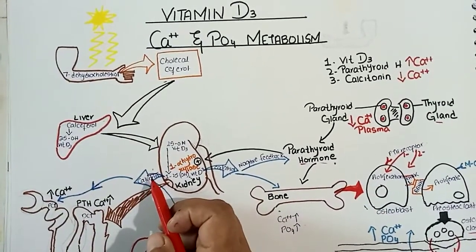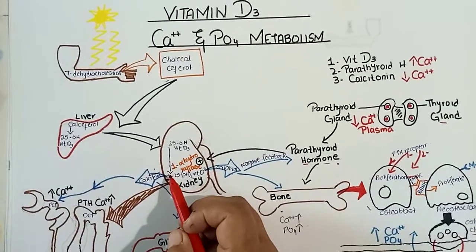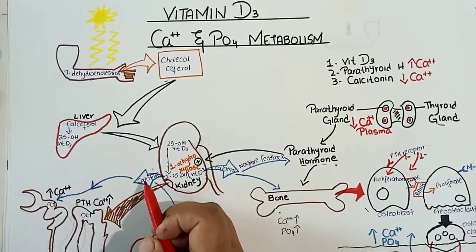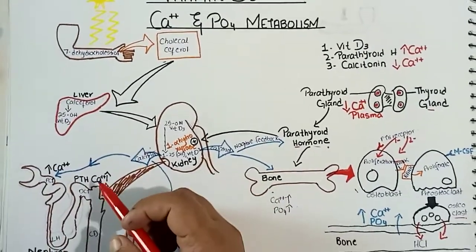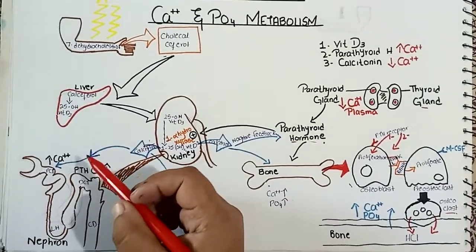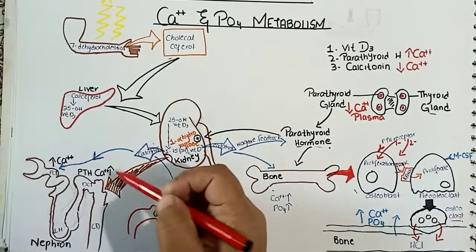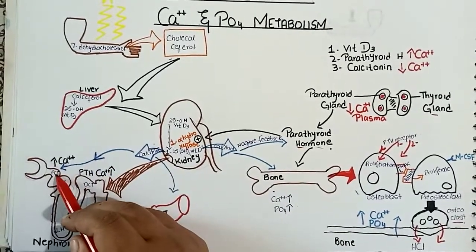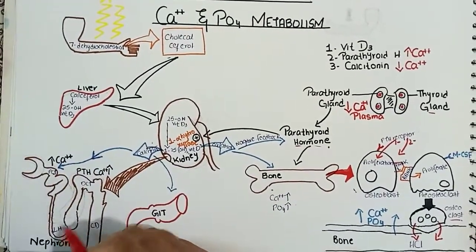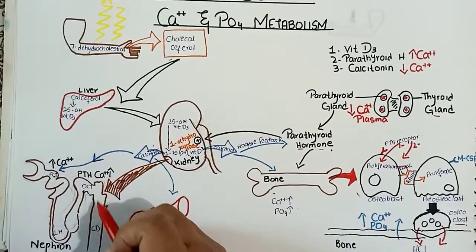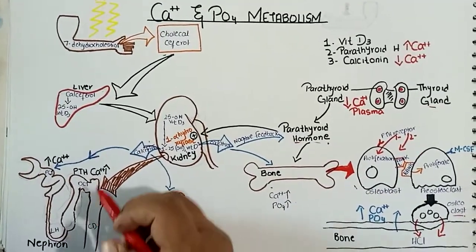Calcitriol will act on the kidney itself, and I will explain it by considering the functional unit of the kidney, which is nephron. So here is the structure of the nephron. This is the proximal convoluted tubule PCT, loop of Henle, distal convoluted tubule DCT, and the collecting duct.